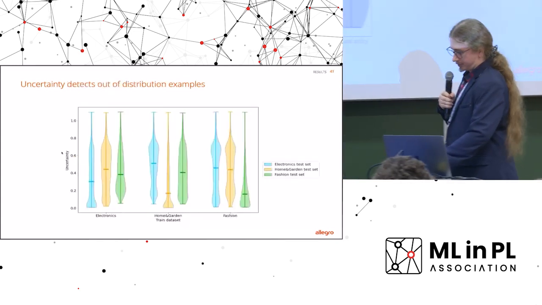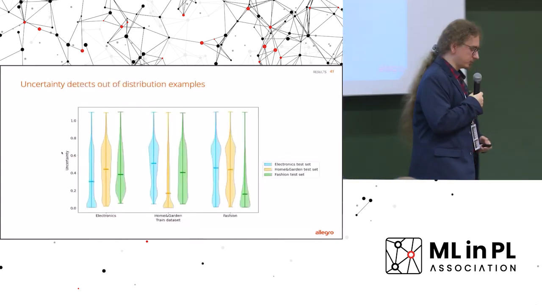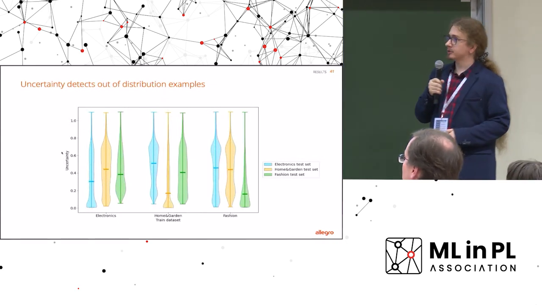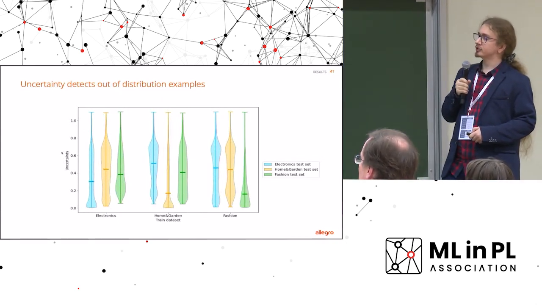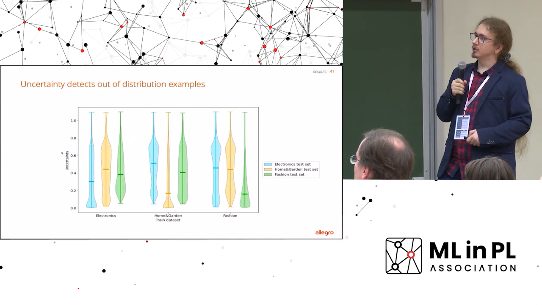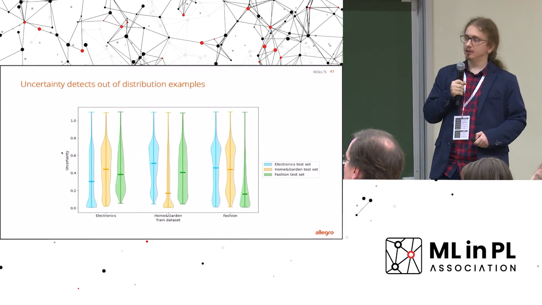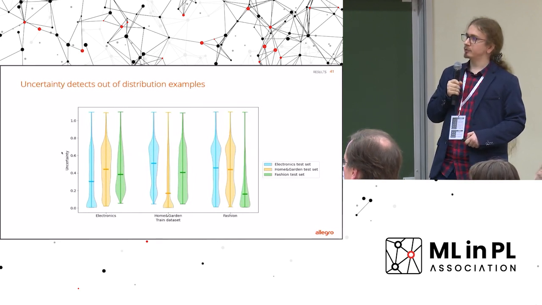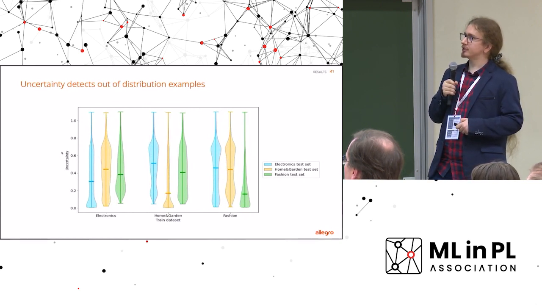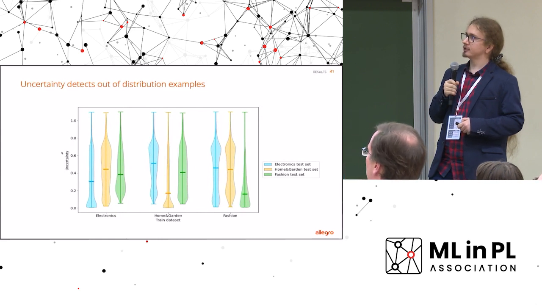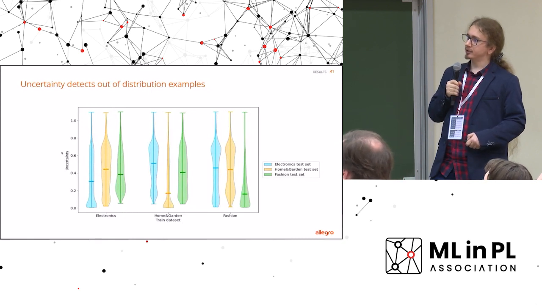Then we also were curious about out-of-distribution examples. So we performed an experiment where we trained our NER model with products from 3 different product departments. So from electronics, home and garden, and fashion. And then we also evaluated these models with 3 different test sets. So electronics, again, home and garden, and fashion. So these are indicated by these colors. And here on the x-axis, we have the train data set.